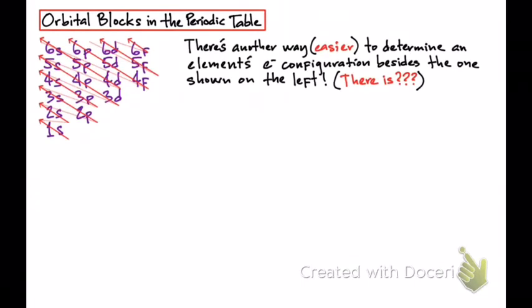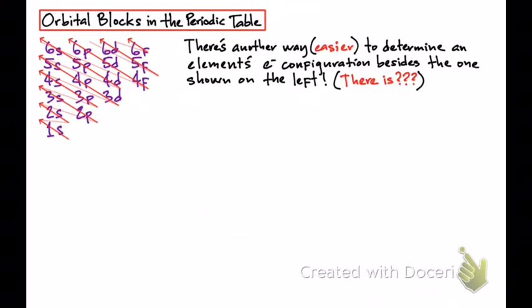In my opinion, this method is the easiest way to determine an element's electron configuration, because all you have to do is look at a periodic table, and depending on where the element is, you'll be able to write out the electron configuration. You can even use the noble gas electron configuration instead of looking at this diagram shown here on the left. Instead of using that, you can just, again, look at a periodic table.